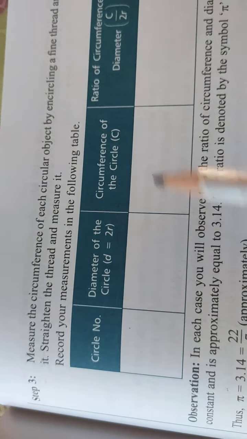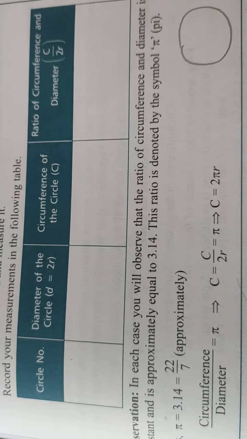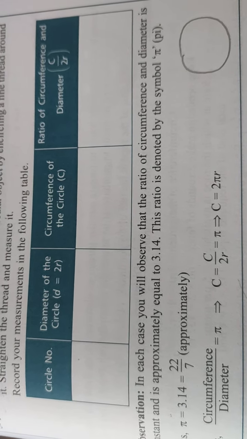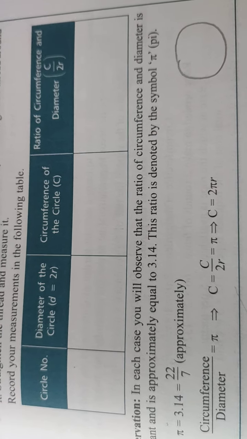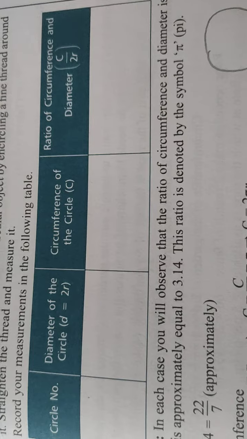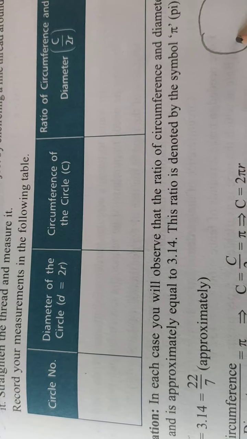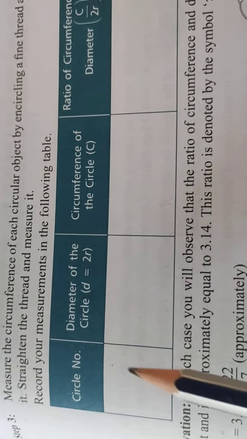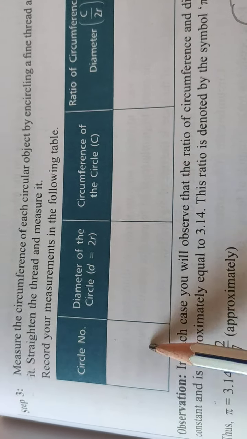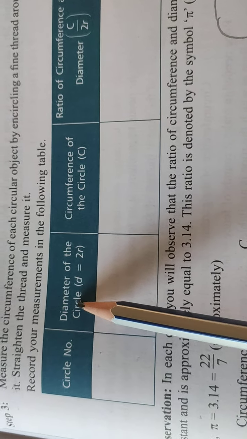So for that, we have to find a formula for the circle. As we have a formula for area, length into breadth, and for perimeter, 2 length plus 2 breadth, similarly we have to find the formula for the circumference. What they have told you to do is take 4 objects and find the diameter of the circle.